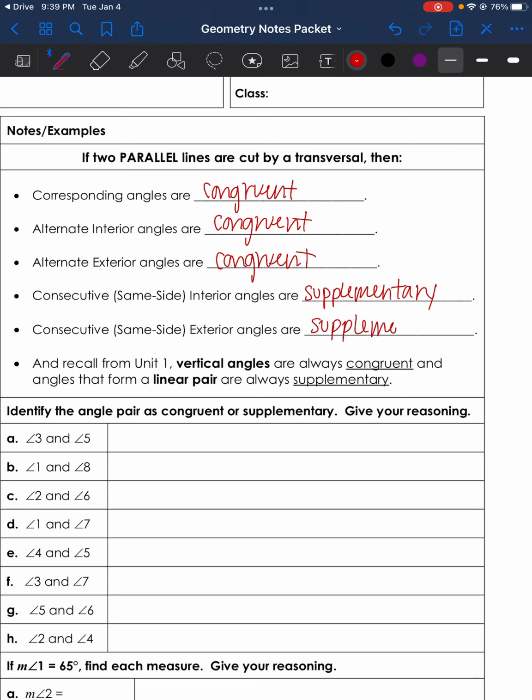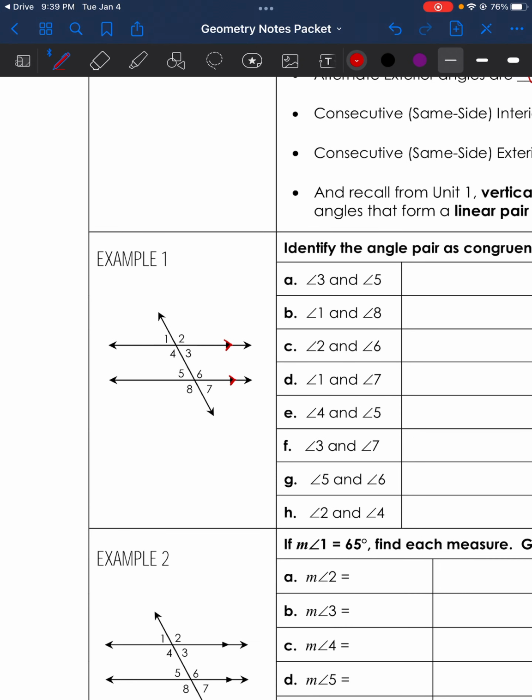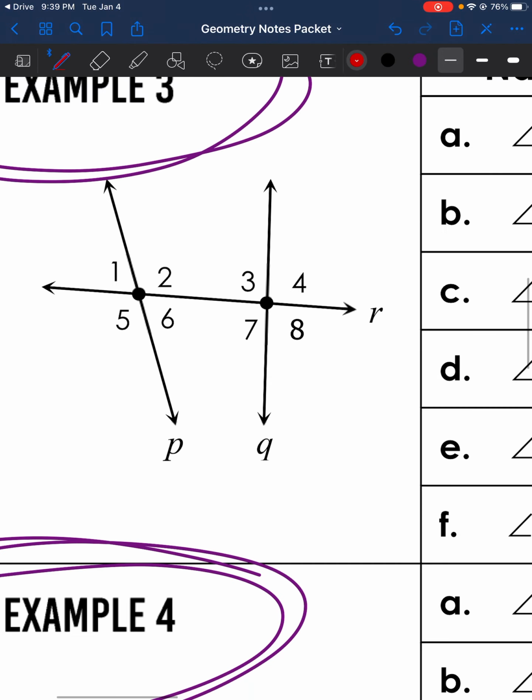And remember, this only applies if the two lines that you're looking at are parallel, and we denote that by these little arrows here. So only if these two lines are parallel can we say that these angle pairs are either congruent or supplementary. If we're looking at something like we did up here, we don't know any information about what these angle pairs are.